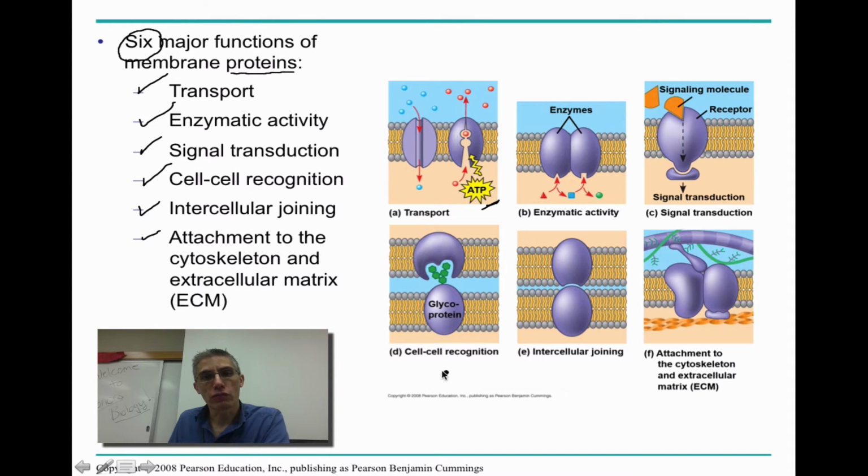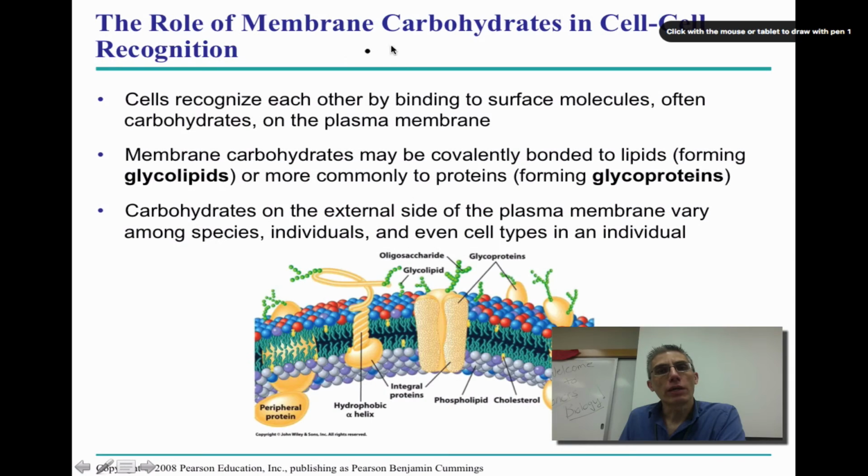Cell-to-cell recognition: if two cells get really close to each other, they recognize each other with these different proteins, these glycoproteins. Intercellular joining is more of a fusion between the cells. And then attachment to the cytoskeleton and the extracellular matrix, making sure that it stays very close to the cell membrane, so we have proteins that help in that. The role of the membrane carbohydrates is primarily in the cell-to-cell recognition function of that membrane.